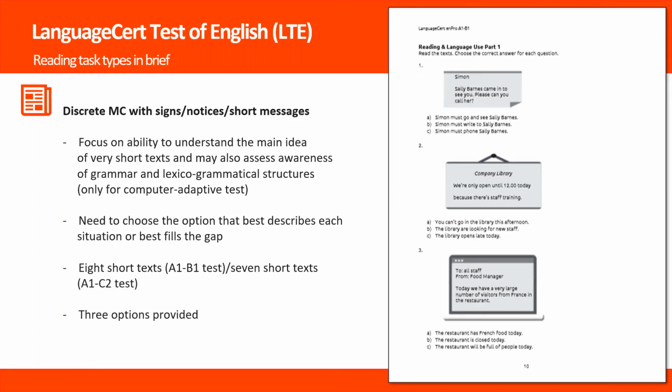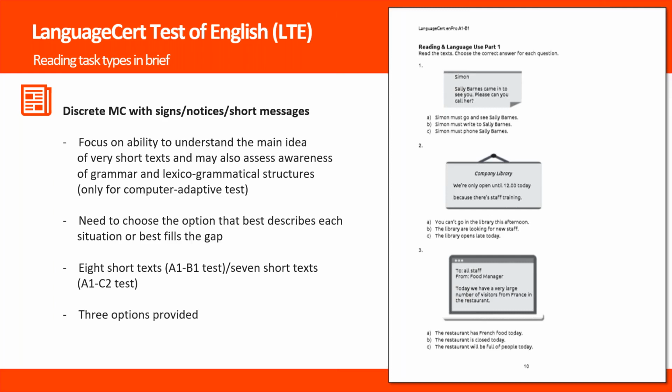The first part of the reading test requires candidates to answer discrete multiple-choice questions related to signs, notices, or short messages. The focus here is on their ability to understand the main idea of very short texts and, in the case of a computer adaptive test, may also assess awareness of grammar and lexicogrammatical structures.